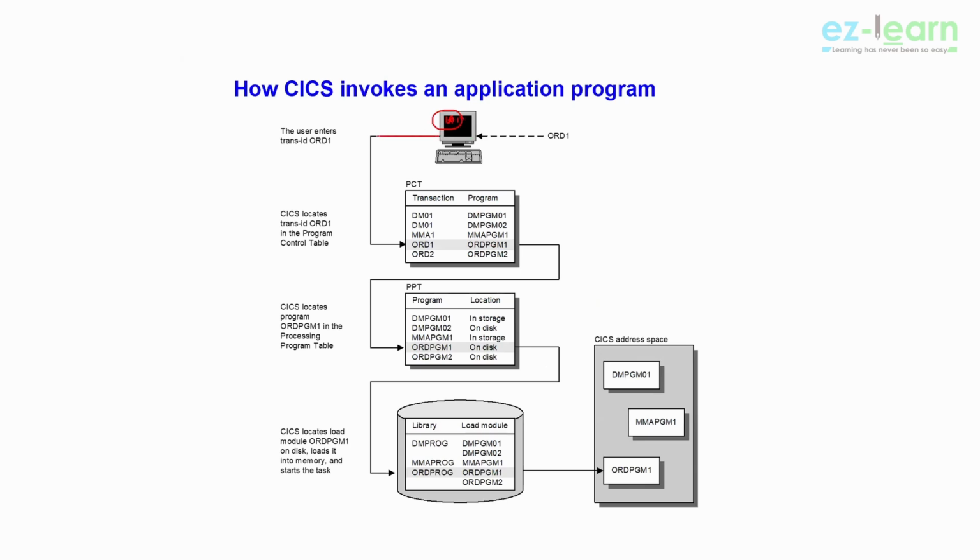Before executing a transaction, it comes to a table called the Program Control Table, PCT. All the transaction codes, and the program linked to each transaction code, will be in PCT. Unless there's an entry in PCT, the transaction will not execute.